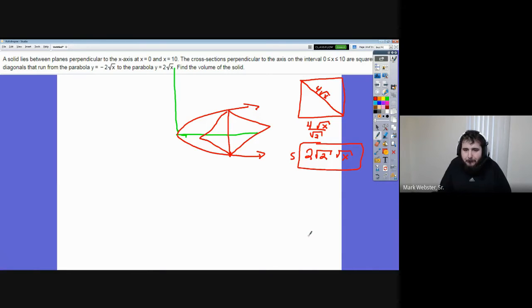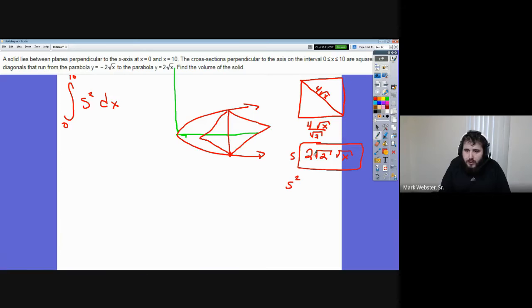right? So now, once again, we're talking about integrating the area of a square. Well, a square, once again, side squared, and we're going from 0 to 10 in terms of x. So let's plug this in.